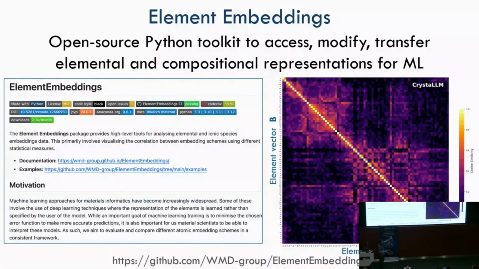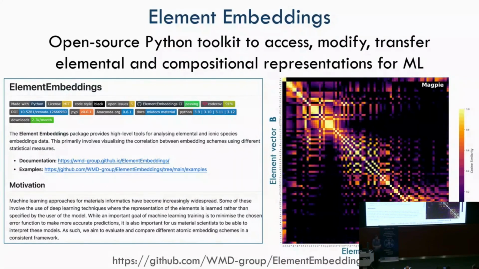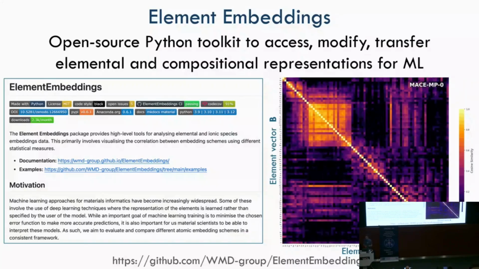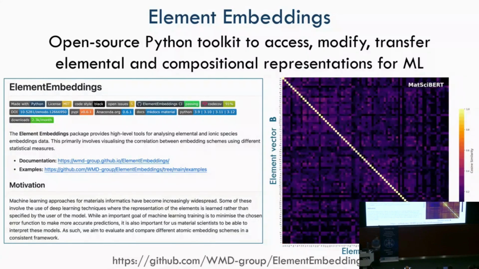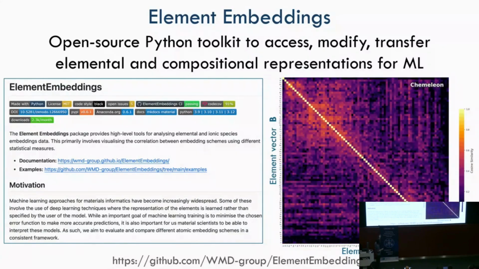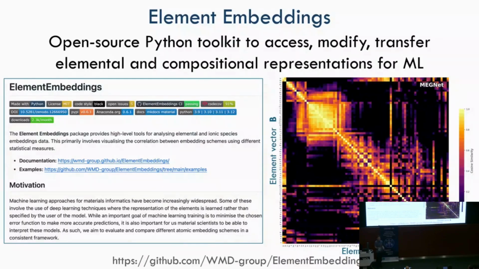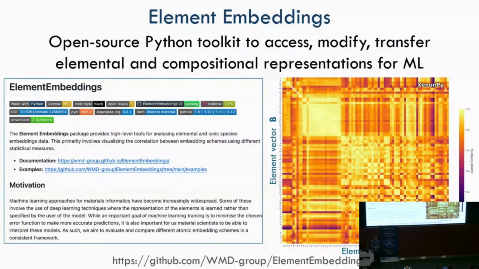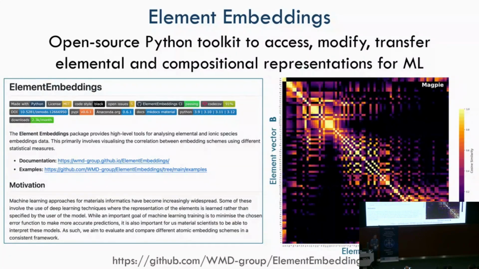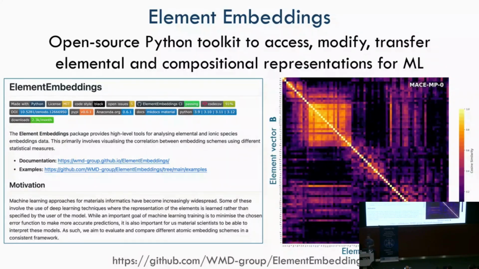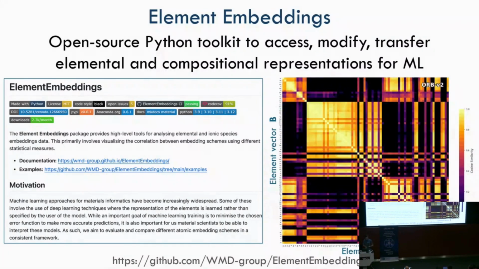Of course, some are much brighter, but they tend to recover the same type of correlations. So I was interested in this. We developed an open package, building on the opening remarks, called element embeddings, to make it easy for people to play. You can very quickly, in just 2 lines, create an embedding for a given composition with your choice of model from the literature.